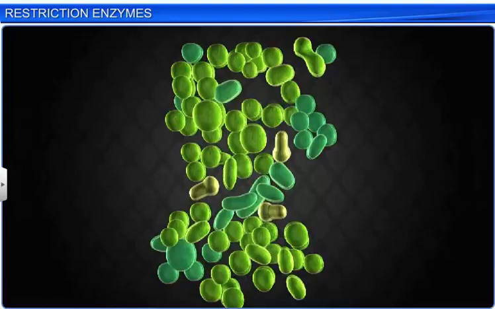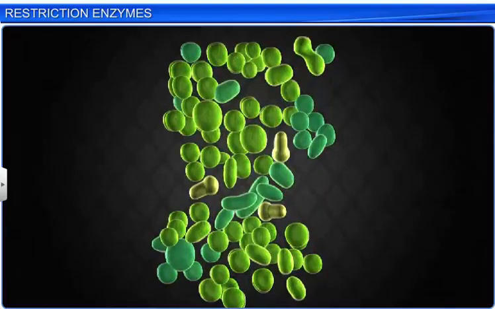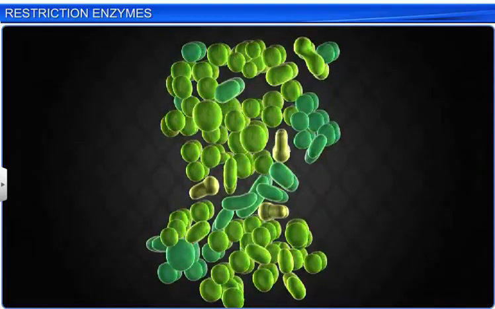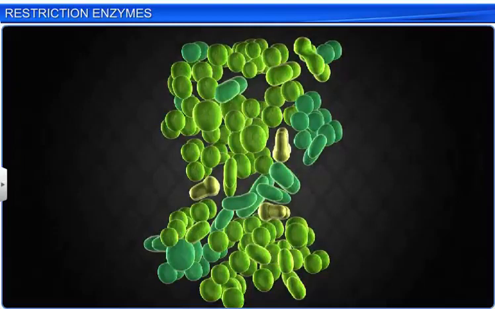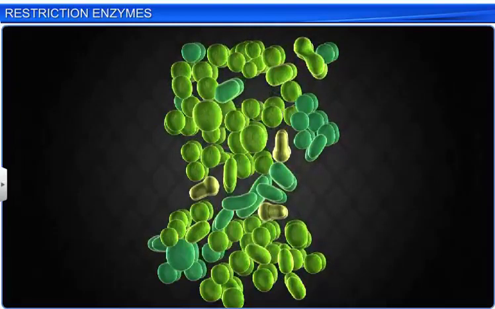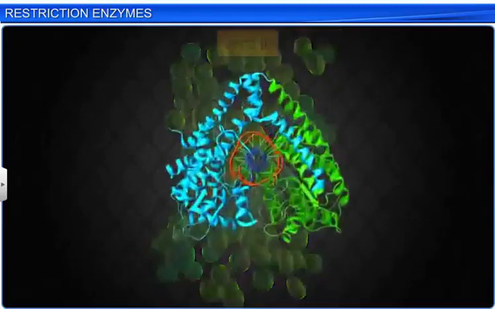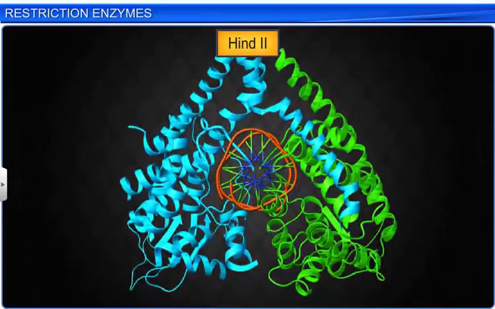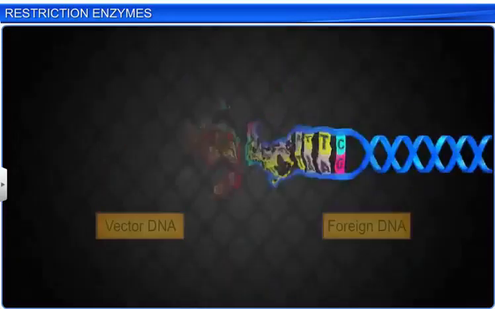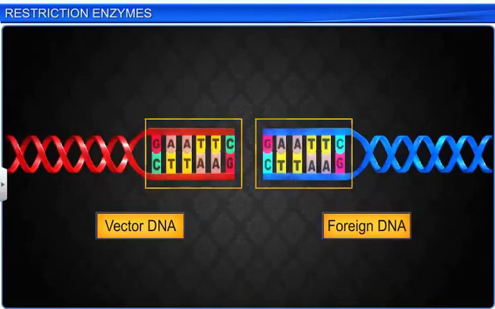Thereafter, in 1968, scientists H. O. Smith, K. W. Wilcox, and T. J. Kelley, while working on Haemophilus influenzae, isolated an enzyme called HindII. HindII was the first restriction endonuclease whose functioning depended on a specific DNA nucleotide sequence.